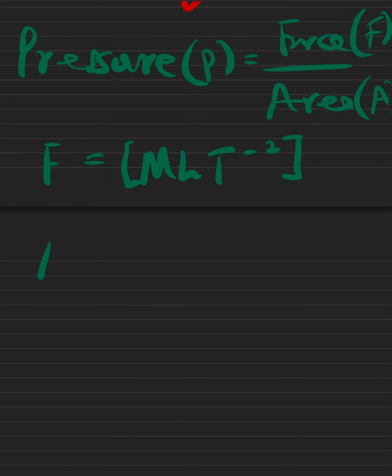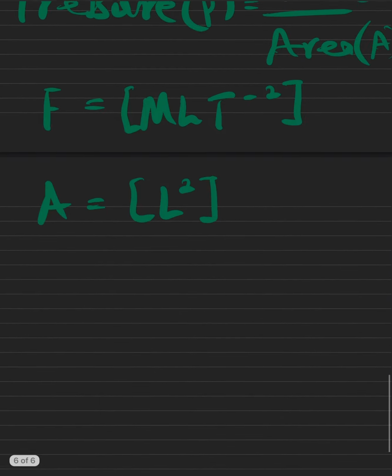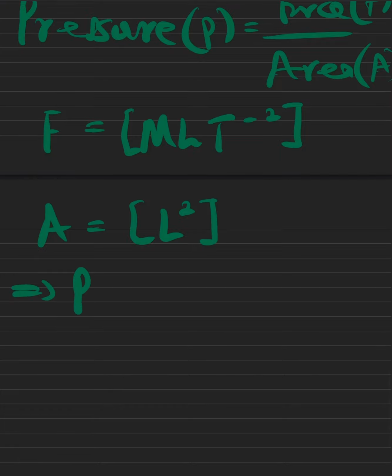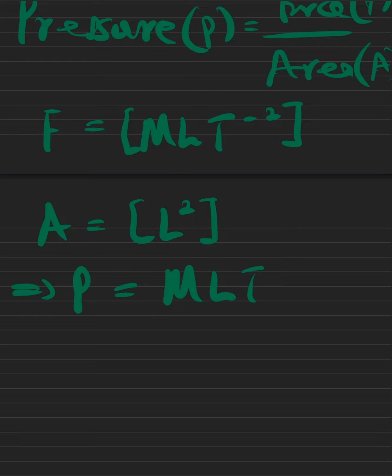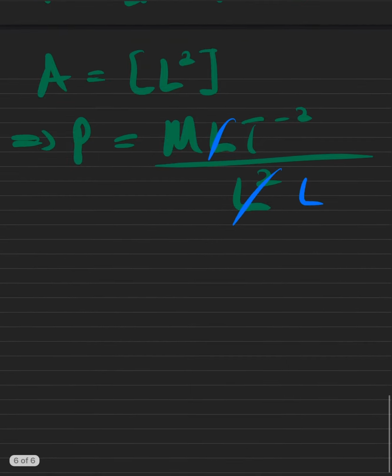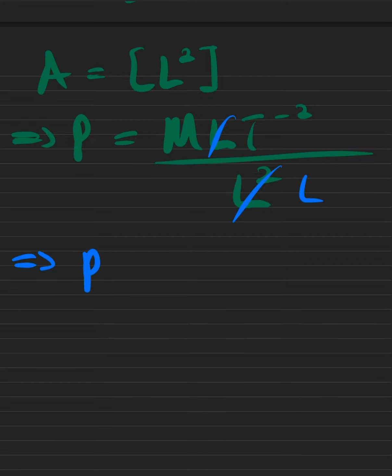The area, we have written as L squared. So putting those together, the pressure P gives us MLT minus 2 all over L squared, and you have one L left. So you are going to have P give us M.